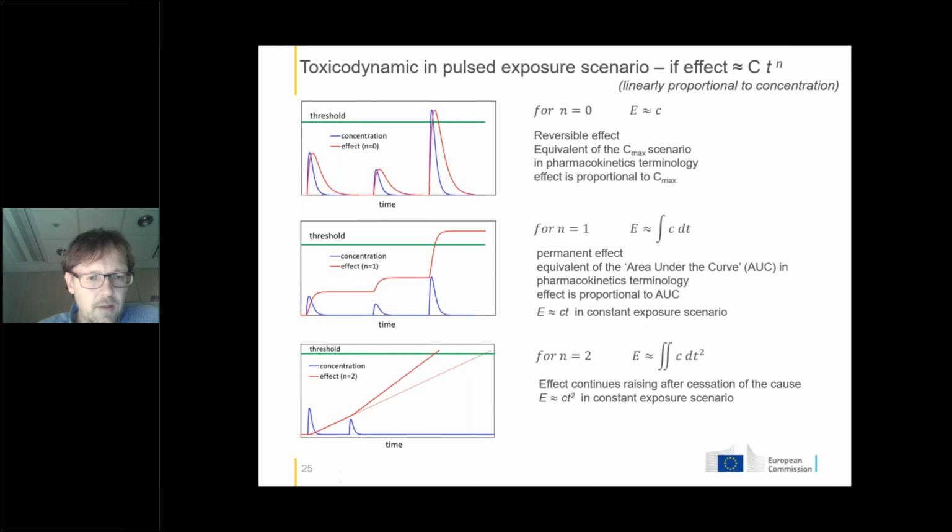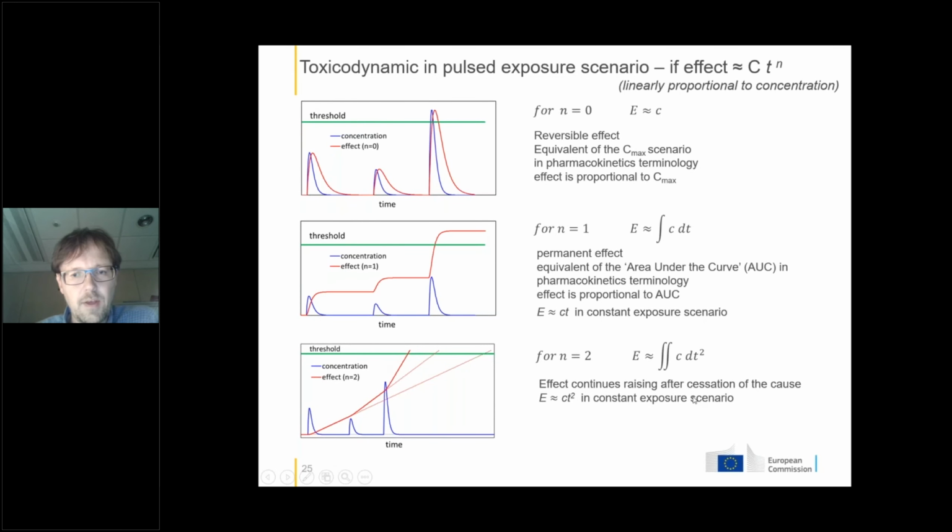Then when you apply a second pulse, you change the slope of this increase. And when you apply the third pulse, you change again the slope. The higher the amplitude, the bigger the change of the slope. So, if you imagine here some hypothetical threshold, the first pulse would cause the effect to appear at this time point. But if you apply the second pulse, the effect will appear earlier at this time point, and the third pulse brings it here.